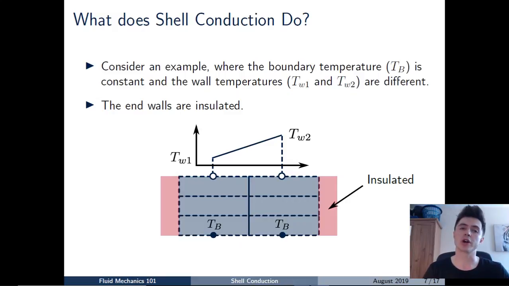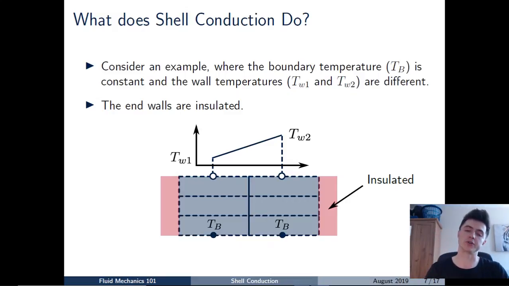The way we're going to look at shell conduction is with a very simple example so that you can understand exactly what's happening. The example is given there on the slide, where we've got two cells, cell 1 on the left and cell 2 on the right, and both of these cells have a boundary temperature TB, which is constant and the same.